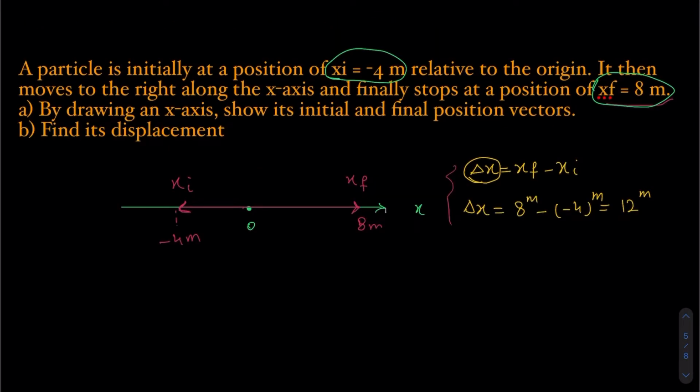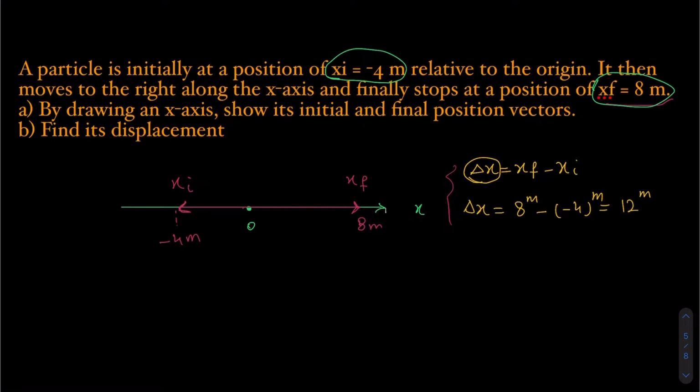We can also find the displacement graphically, meaning that we can just draw the vectors and follow the rules of vector addition and subtraction, and then we can get the displacement vector and find out its magnitude. If you look carefully, we have two different vectors: the initial position and the final position.